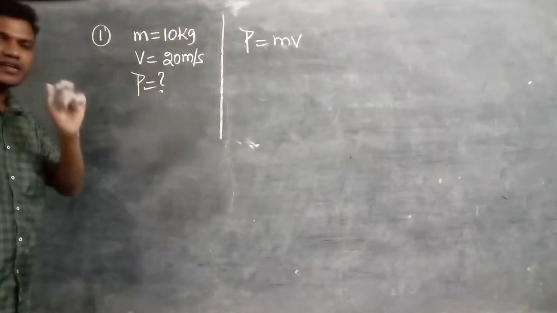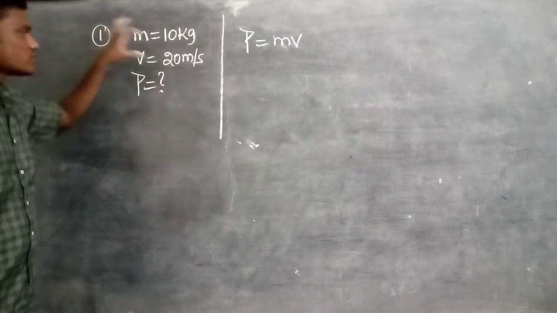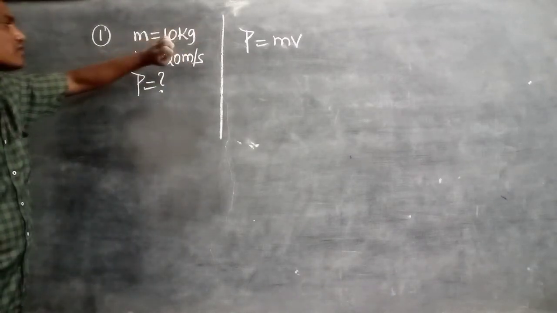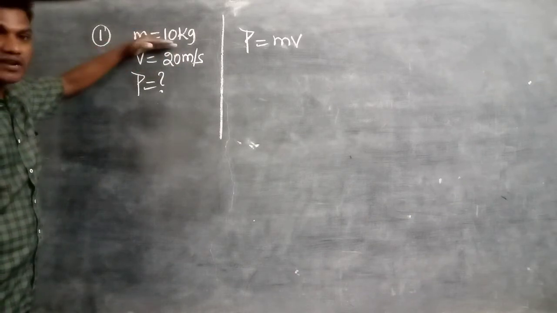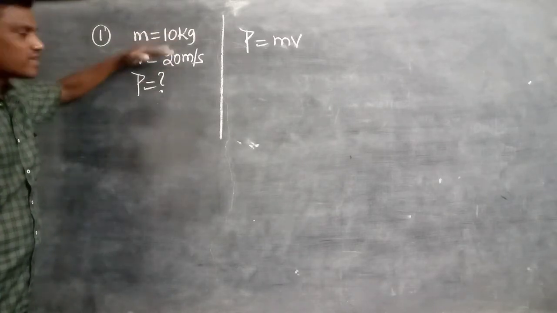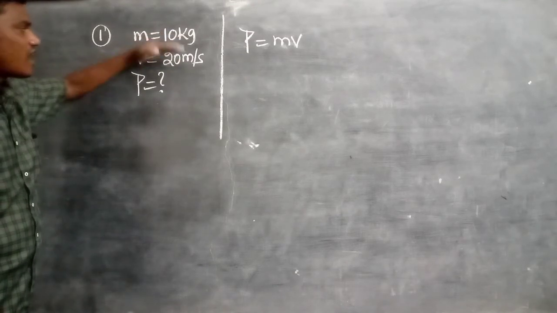But I said very clearly to everyone, before you solve any numerical or substitute the values in the suitable formula, observe what physical quantities are given, and whether they are in the same system of unit, either SI or CGS.